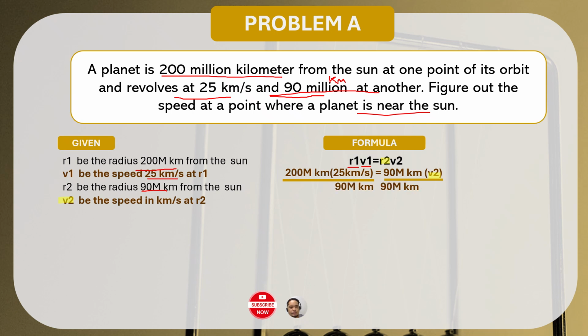Next, we will divide both sides by 90 million kilometers to cancel this out, and we can isolate the V2. You will multiply first 200 million kilometers and 25 kilometers per second before you divide by 90.